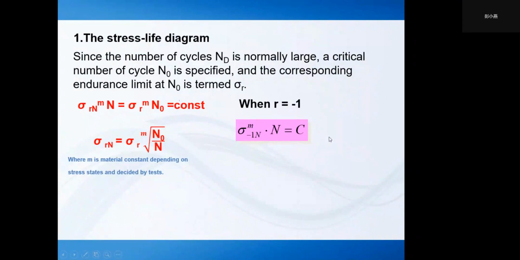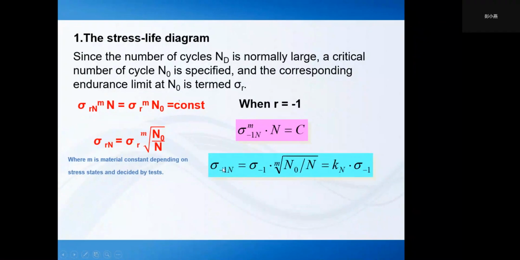And we also have this: the m's power of sigma -1N times N is equal to the m's power of sigma -1 times N0.